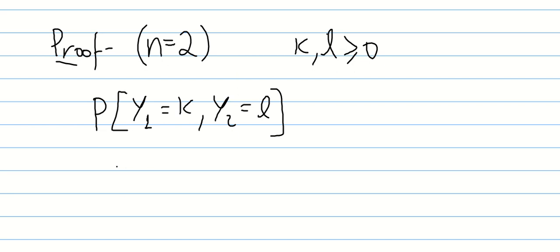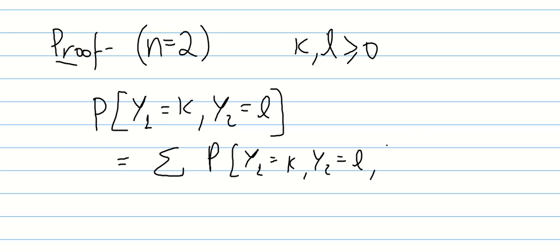So by definition we can break it into a sum of the same probabilities, but also looking at what the value of z was. And z can be any value, let's call it i.